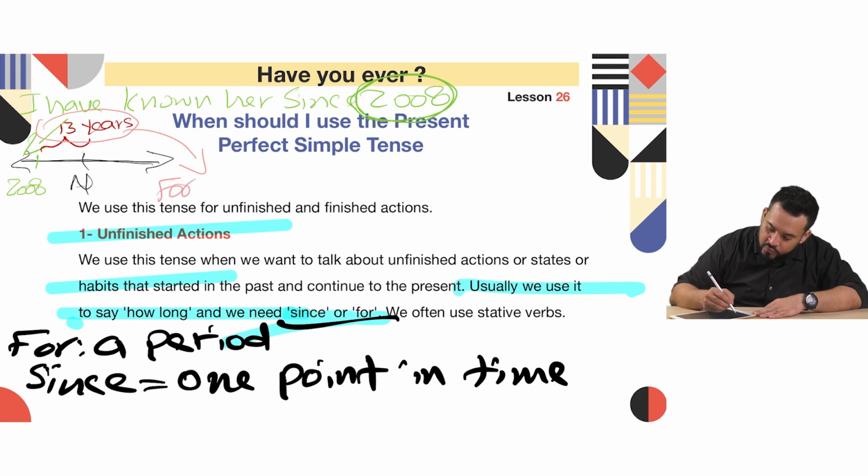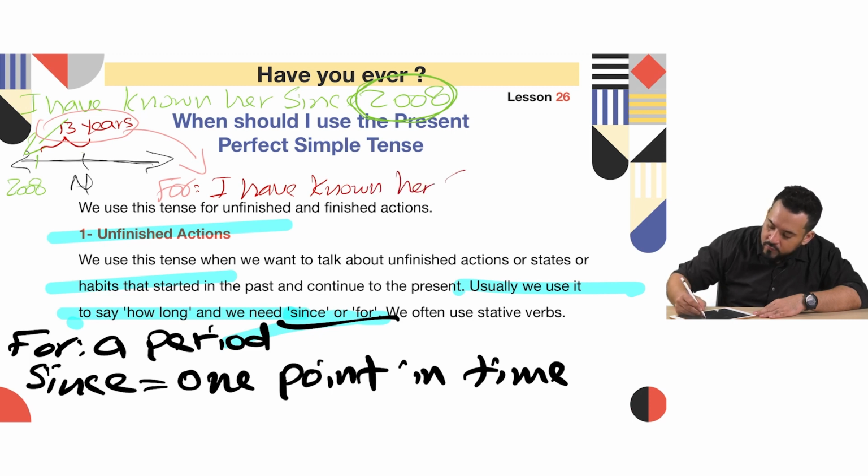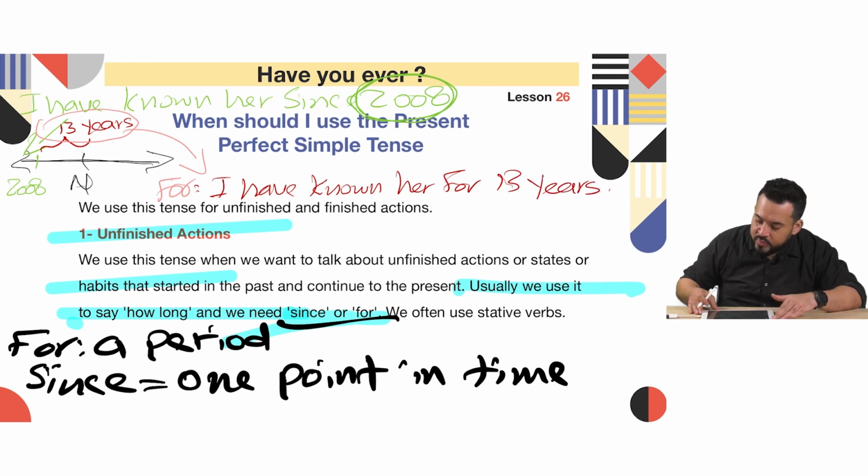Okay, so the sentence is going to change to I have known her for 13 years. So notice the difference now between since and for.